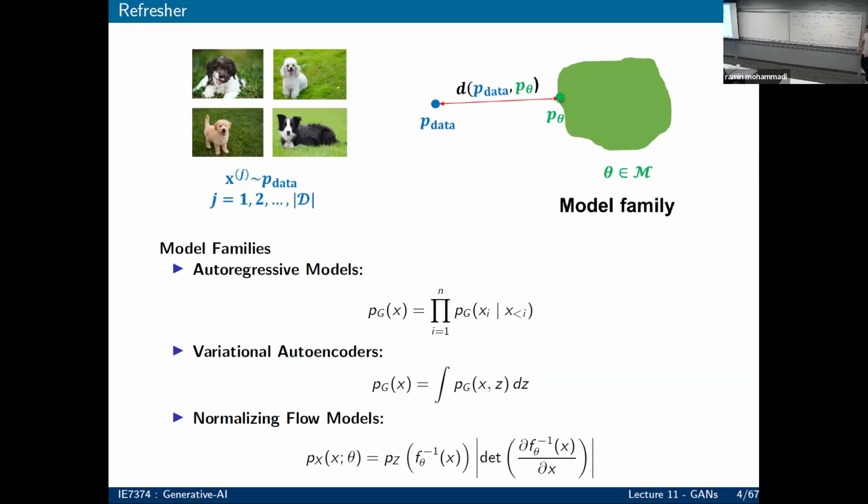So we have a deterministic equation for z, and when you do backpropagation, you don't need to backpropagate through a stochastic node. This is everything we saw for variational autoencoders.